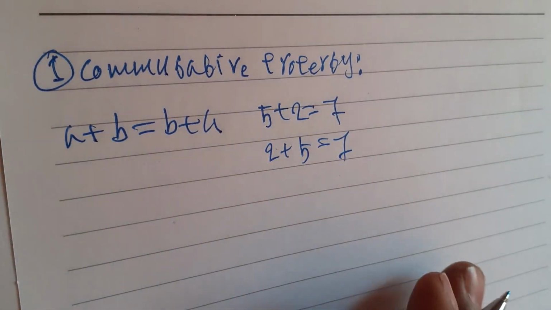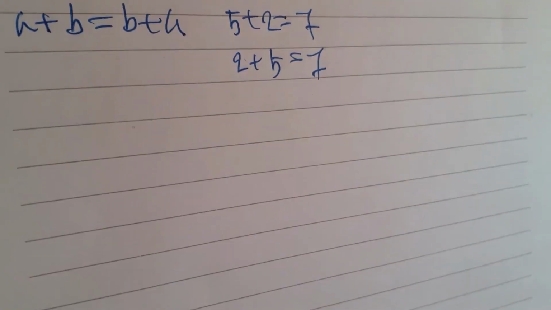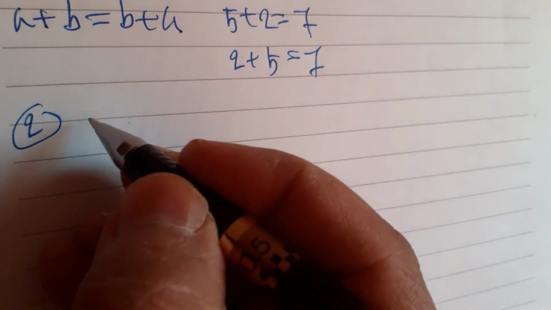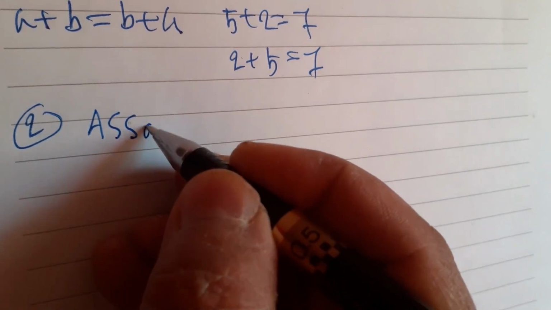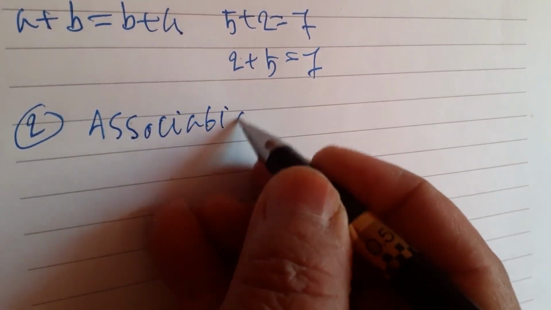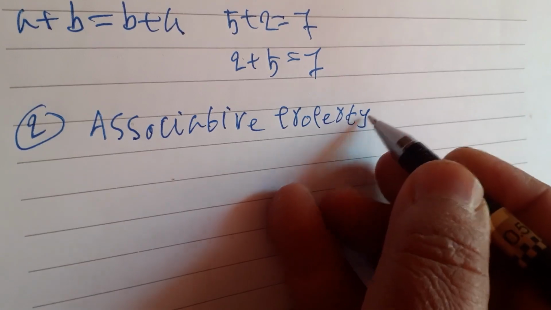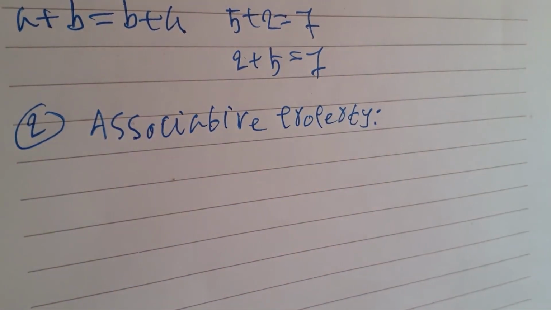Number 2, associative property. The associative property of addition means that when we add three or more numbers, changing how we group them does not change the sum.